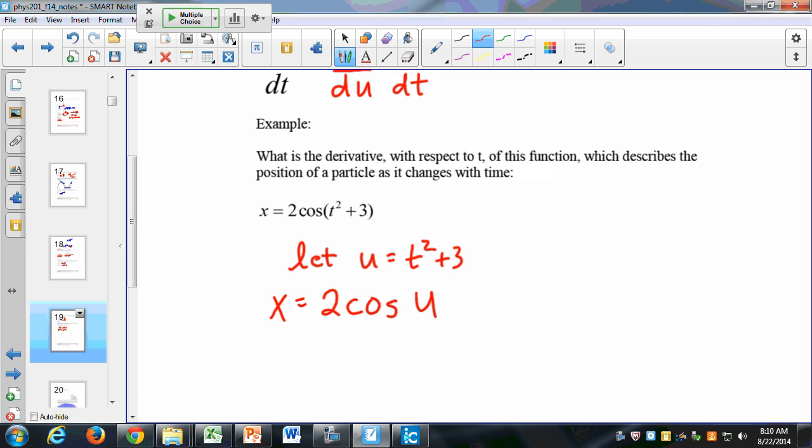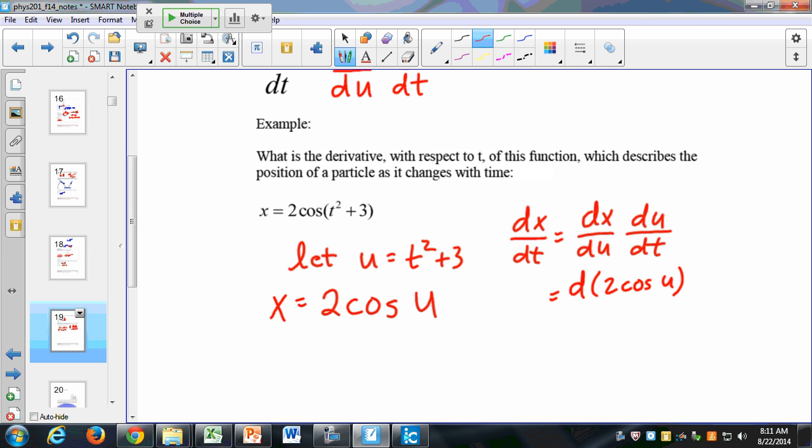All right, I know that if I want to find dx dt, rather, I start with the chain rule, which is dx du times du dt, and that's going to be the derivative of 2 cosine of u with respect to u.